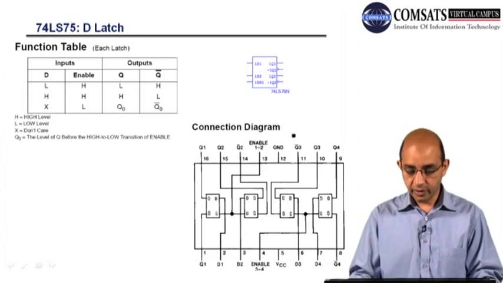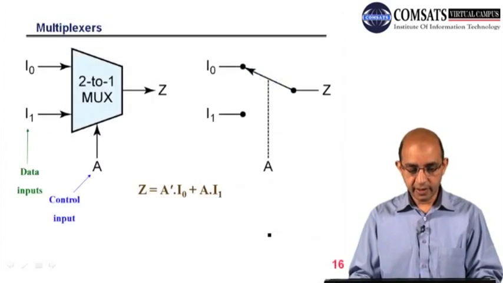Whenever this is high, those latches will be activated, and here whenever we have this high, 3 and 4 are activated. So this is the IC for D latch.